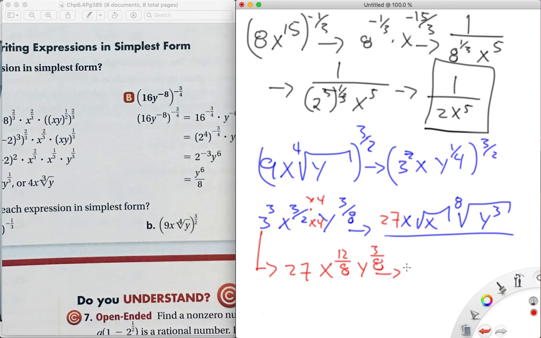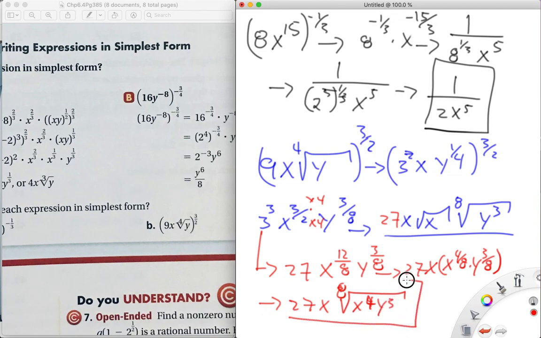And I can say that this is 27x times x to the 4/8 times y to the 3/8. So now they both have the same denominator, meaning they could both be under the same radical sign. Then I can have 27x 8th root of x to the 4, y to the 3.